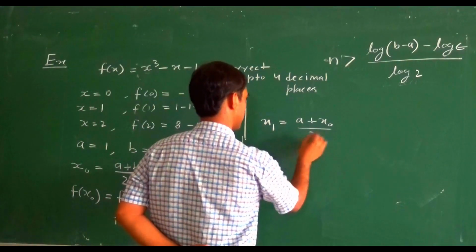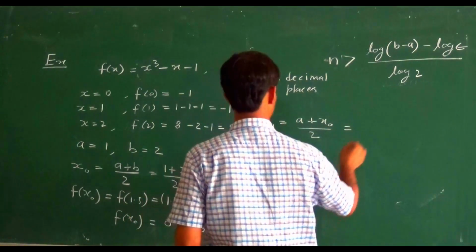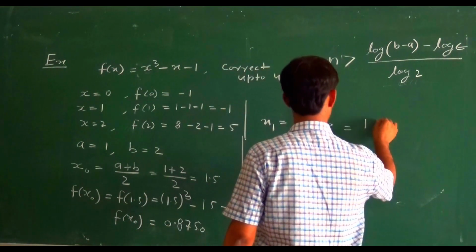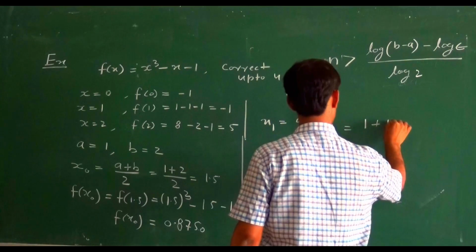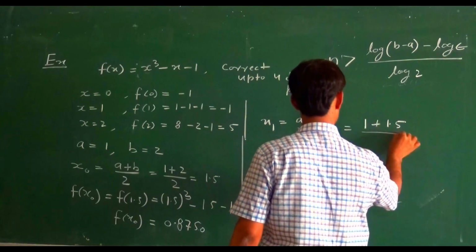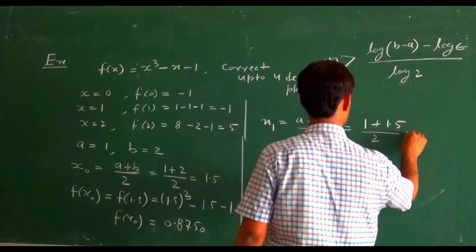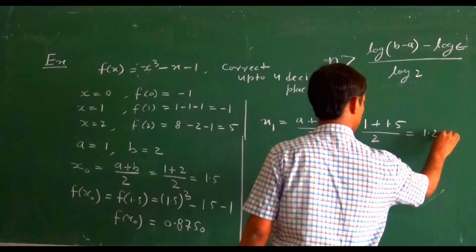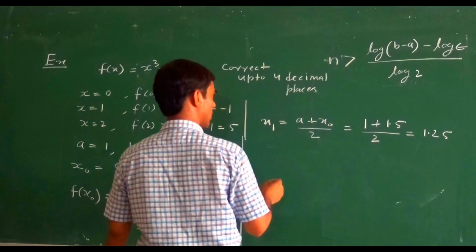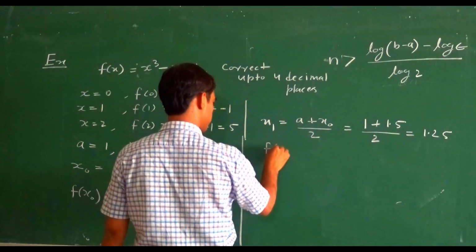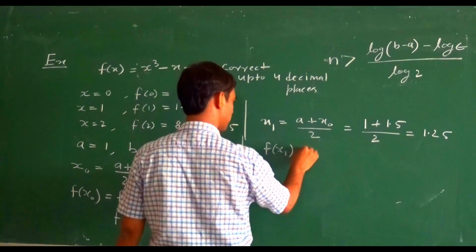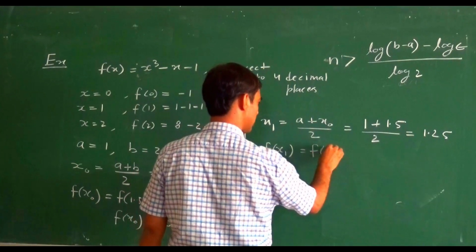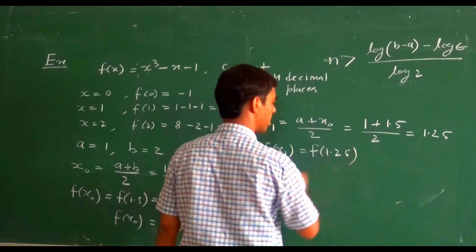So what is the value of a? The value of a is 1 and the value of x0 is 1.5. 1 plus 1.5 divided by 2 equals 2.5 by 2, means 1.25. Now what is the value of the function at x1, means f of 1.25?